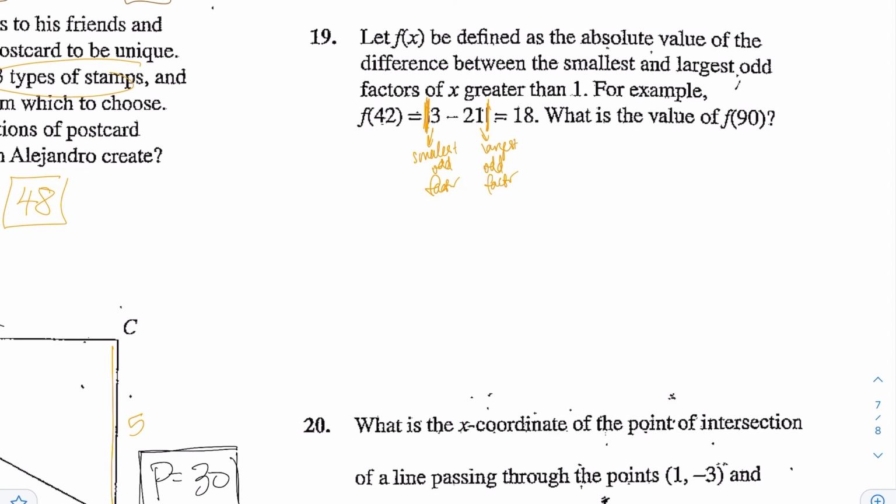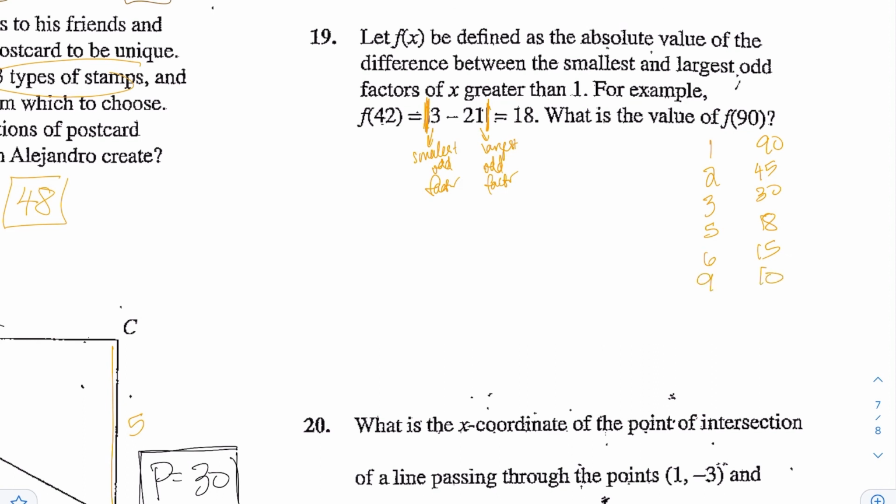So here, for f of 90, you're going to have to first figure out the factors of 90. So for 90, you have 1 and 90, 2 and 45, 3 and 30, 4 actually doesn't work, 5 and 18, then 6 and 15, 7 and 8 both don't work.